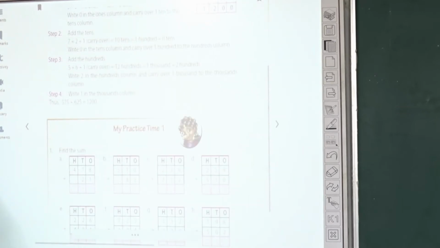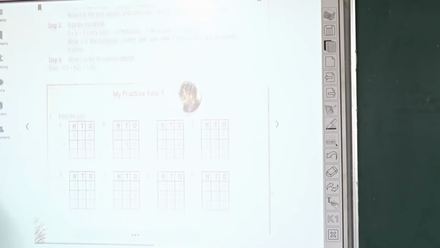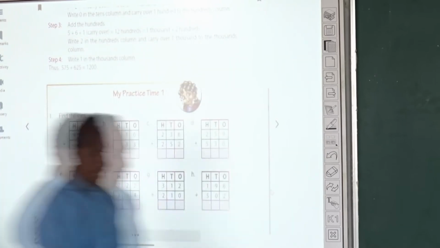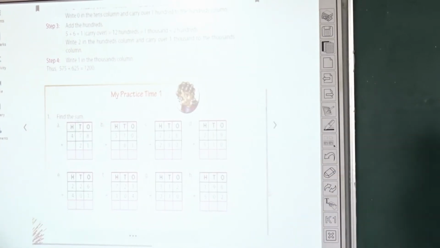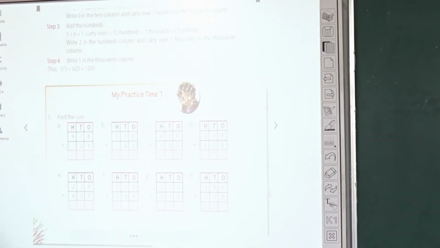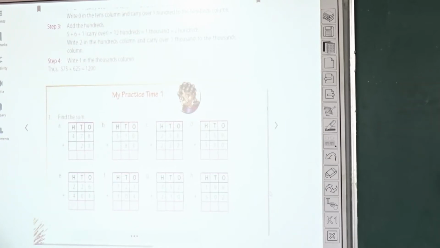A part: ones, tens, hundreds. We are adding two three-digit numbers.